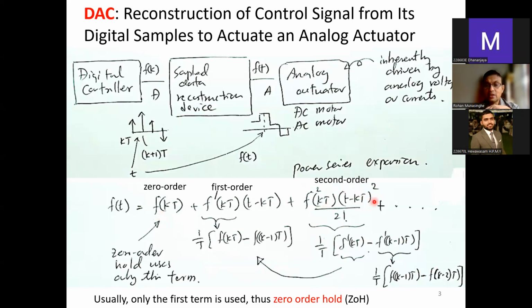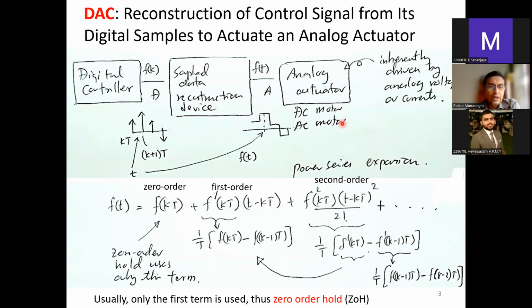So you can keep writing these terms if you want very precise signal generation using the samples. This would be a higher order reconstruction equation. This is what is being implemented inside the sample and data reconstruction device.